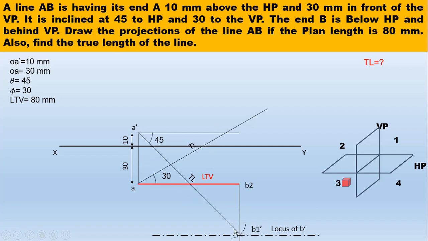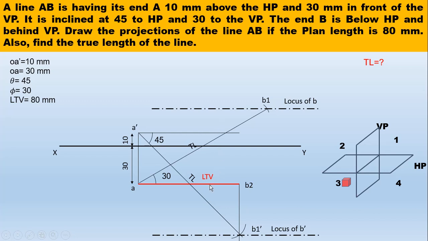You have true length because true length remains same in both the views. So with A dash B1 dash as a radius and A as a center, make an arc to find the locus of B. Let's say this is my true length. The intersection point, let's say B1, will give you the locus of point B. Now you have locus of point B and locus of point B dash.